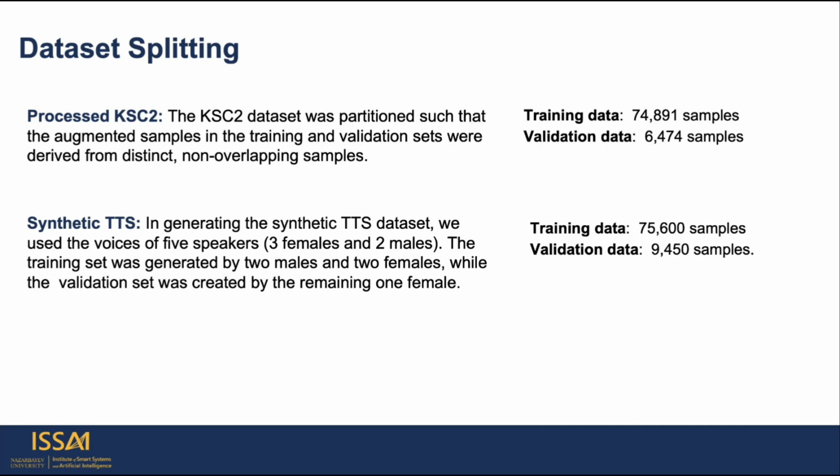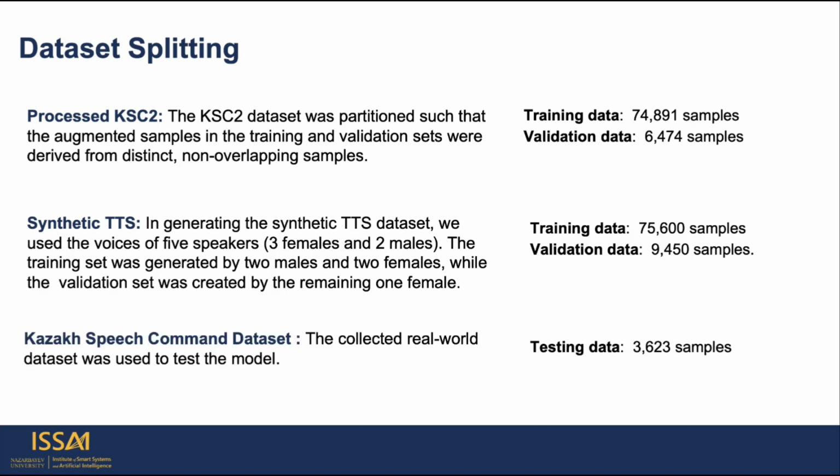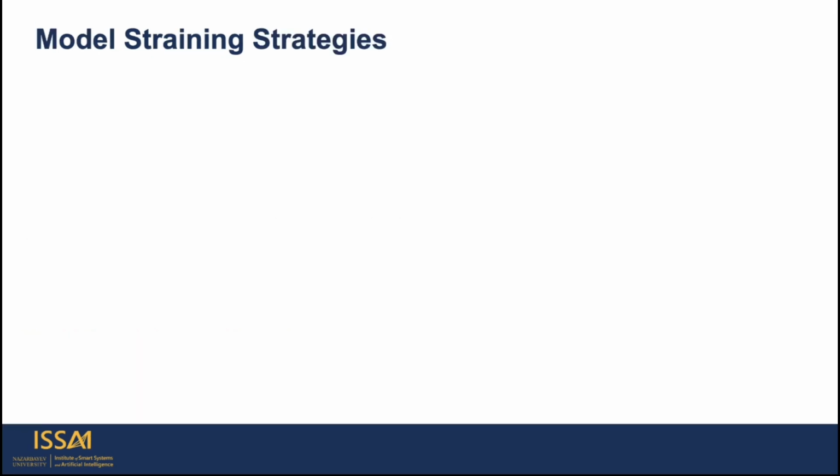As a result, the synthetic training and validation set consists of 75,600 and 9,450 samples, respectively. And the real-world collected dataset, which is called Kazakh Speech Command dataset, was employed only for model testing, which consists of 3,623 samples. Now let's take a closer look at how the training is proceeded.